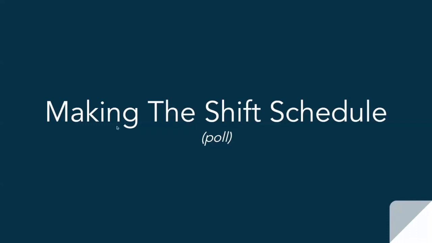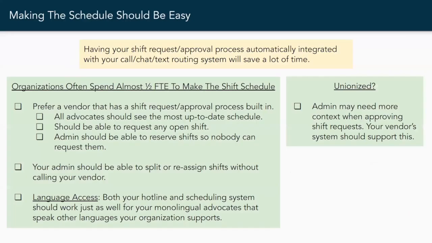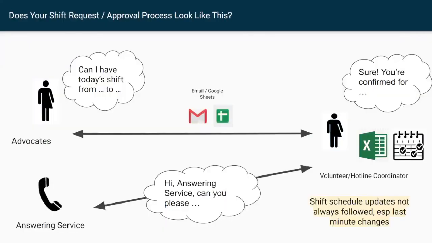Okay, so Carrie. Yeah, many agencies spend a ton of time on the shift request process, and from a bunch of different agencies that we've talked with, a lot of the time it looks something like this: an advocate can list out the shifts that they want, either by emailing the volunteer coordinator or hotline coordinator, or by filling out some kind of form or Google Sheet, and request their shift.